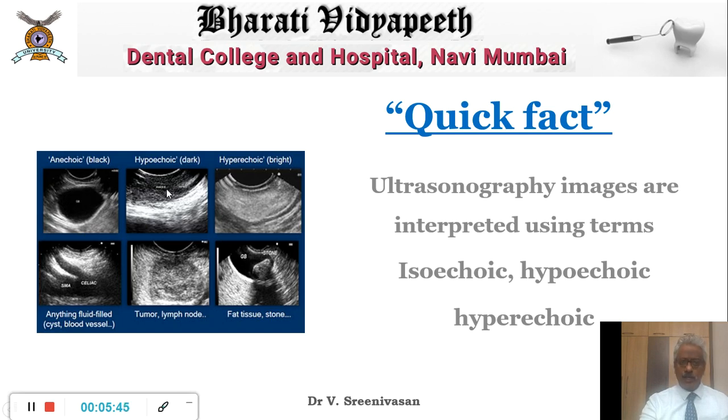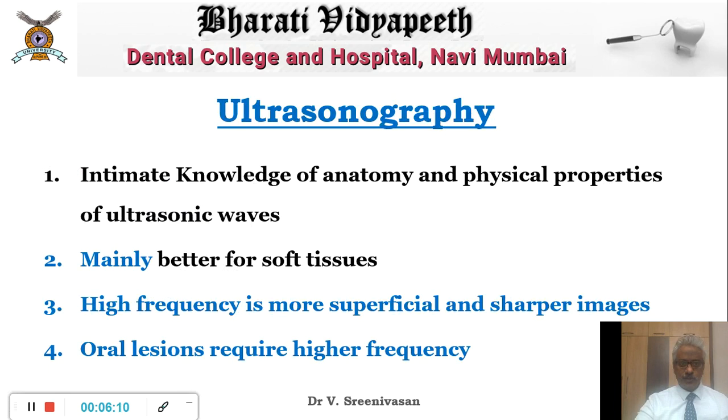Or hypoechoic, a little bit is sent back, a little bit goes through and through. Or hyperechoic, a lot of echo comes back. So echo is seen as a white signal, and lack of echo is seen as a black signal. So you have cysts, or empty spaces, which can be anechoic. So we should be familiar with how to discuss and describe an ultrasonographic image.